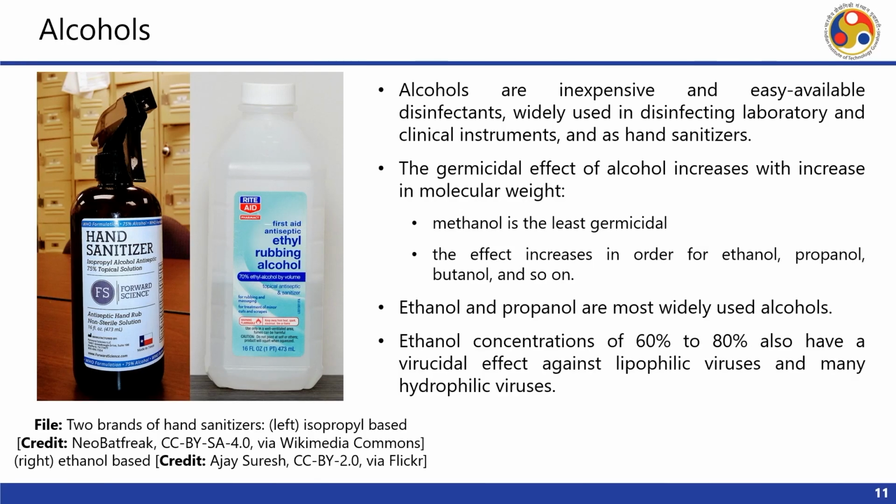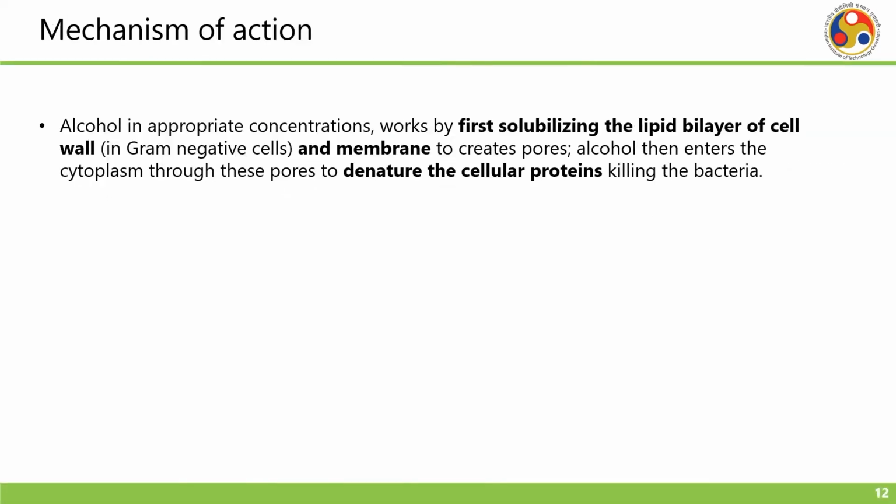For example, ethanol concentrations of around 60 to 80% also have a virucidal effect against lipophilic viruses and many hydrophilic viruses. So, here you can see two brands of hand sanitizers. On the left it has an isopropyl based formulation. Then what is the mechanism of action of alcohol in controlling microbes?